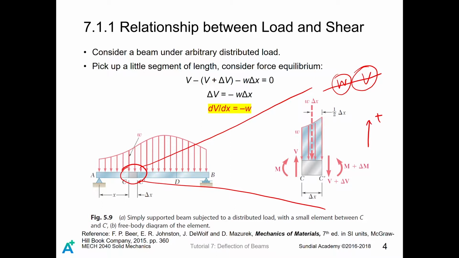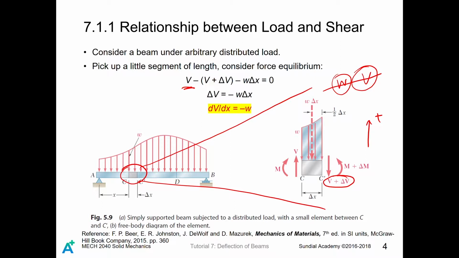On the left hand side of this little segment, we have a shear force V pointing upward, so it is positive, like this. On the right hand side of this element, we have a shear load V plus delta V pointing downward, so it is negative.